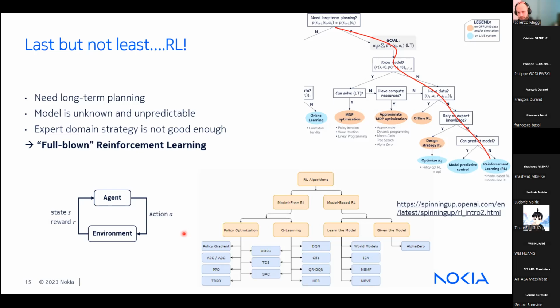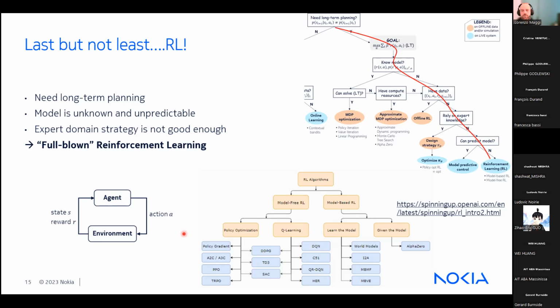Of course, what I have not written in the slide, you also have to somehow accept some trade-offs in terms of convergence. Reinforcement learning is probably, across all the options that I've listed up to now, the one that explores the most, that makes more errors, right?